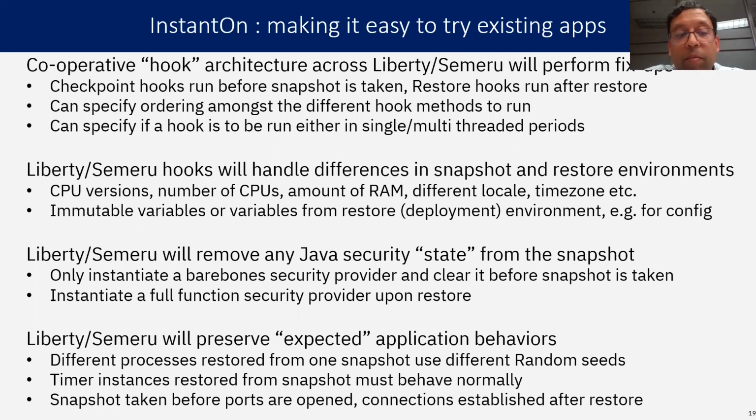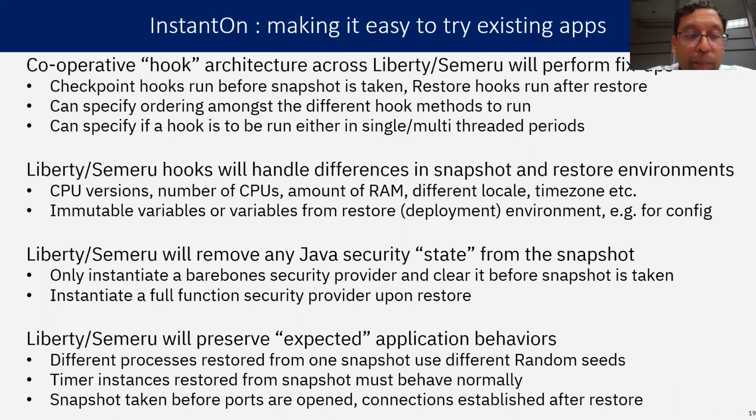Liberty has code that scrapes up new values of environment variables at restore time and conveys that to the JVM, which then updates its view of the environment variable values. If you were just going with what CRIU does, it's frozen in time. It's only able to pick up the environment variables that were there on the checkpoint side. So we had to augment Liberty to scrape up newer environment variables on the restore side and make those available to the JVM.